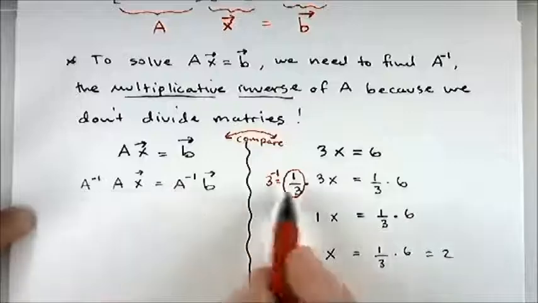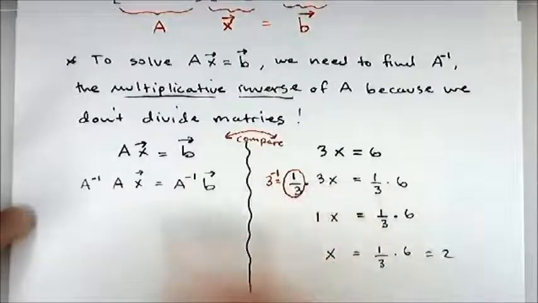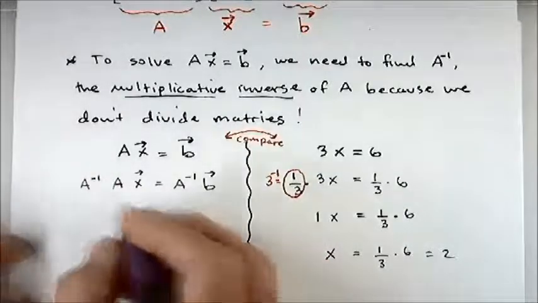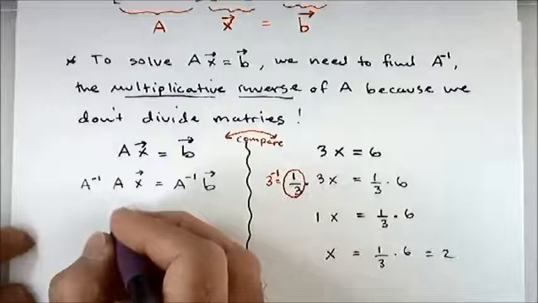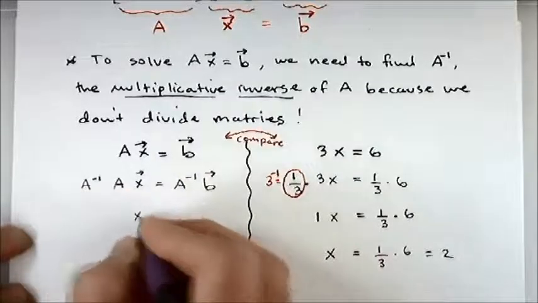And then the same idea is true. In the same way that 3 to the negative 1 times 3, which is 1/3 times 3, just gave me 1, A inverse times A gives me 1, but it's the matrix equivalent of 1. What's the matrix equivalent of 1? What do we call that?